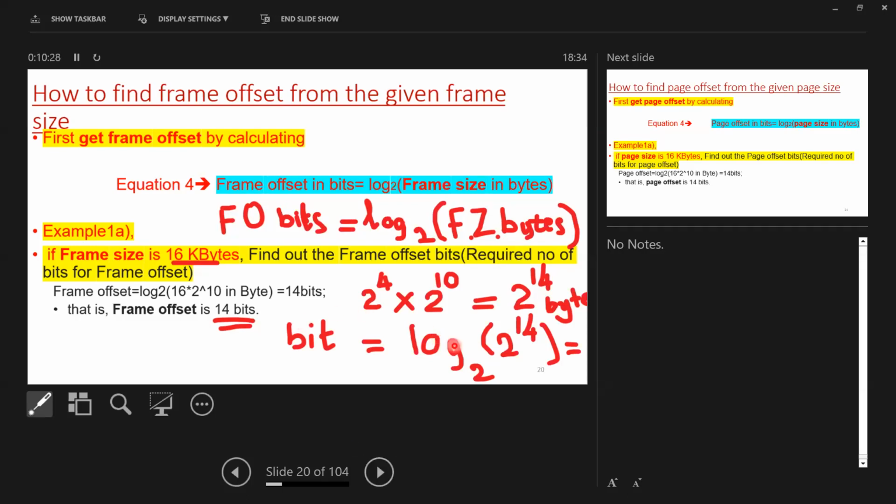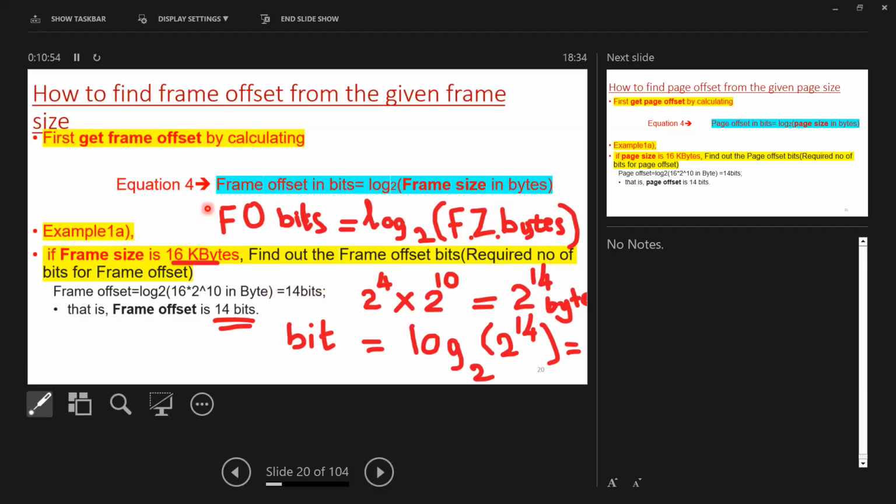This 2 to the power 14 means bytes. I think grade 11 you have done it. Log 2 to the power 14, we can write it as 14 bits. So the frame offset is 14 bits.